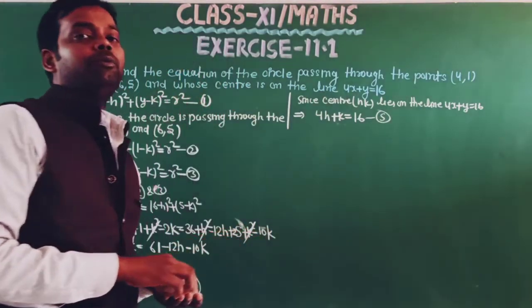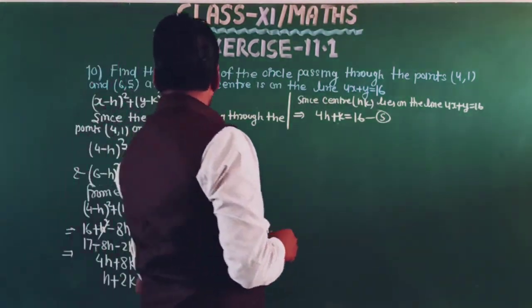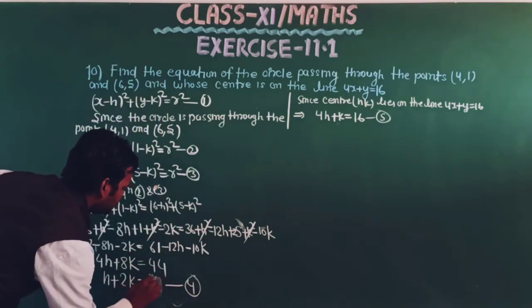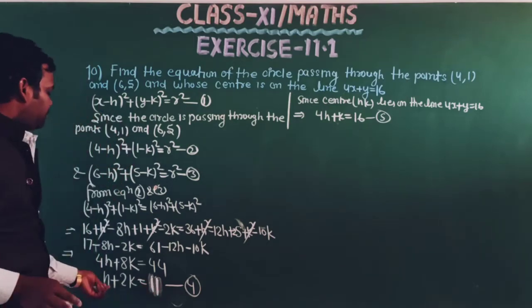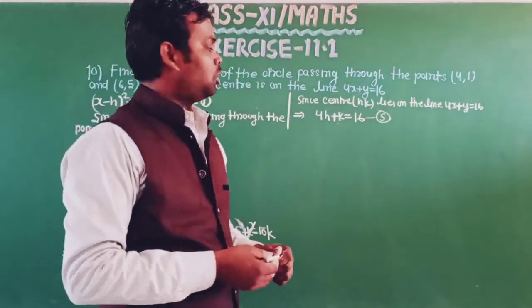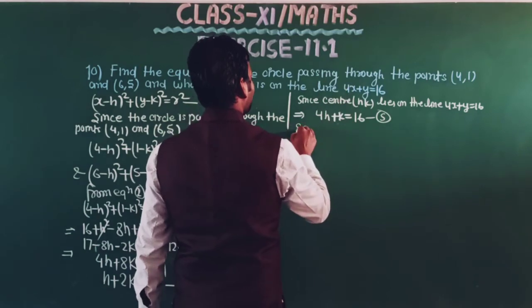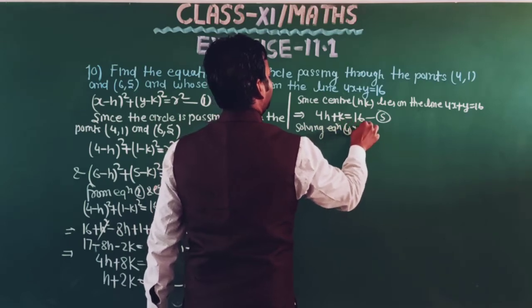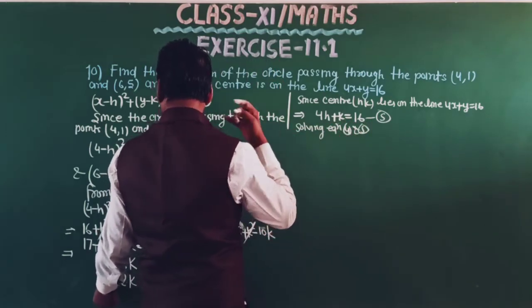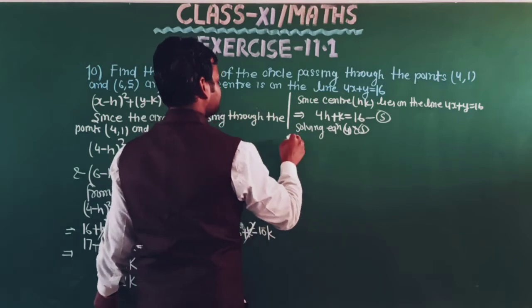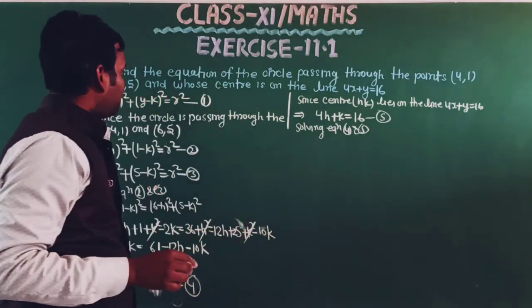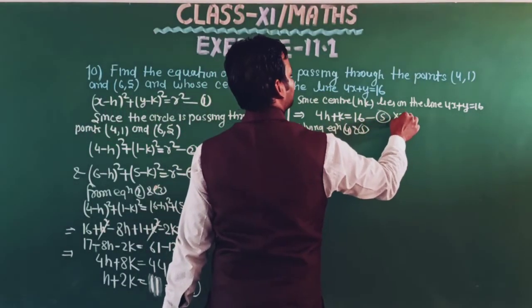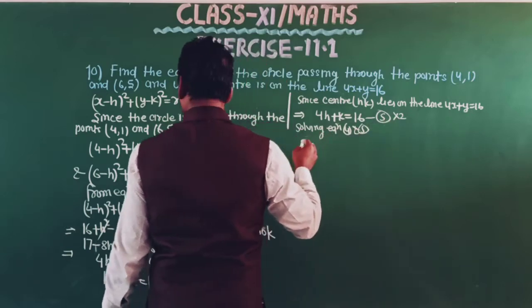Now solving equation 4 and 5. Here 44 was wrong, this is 11. We have to multiply equation 5 by 2.